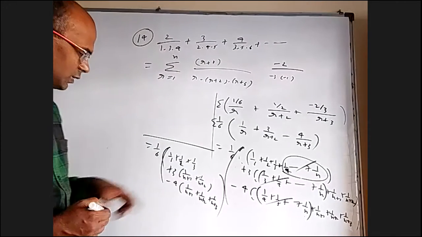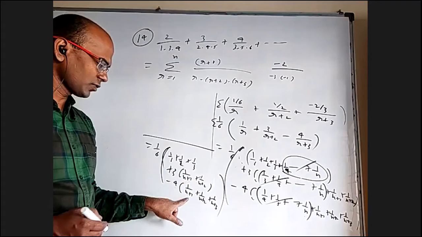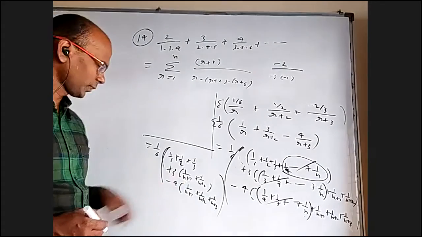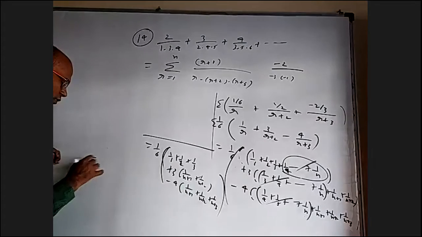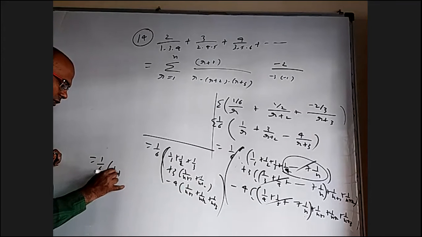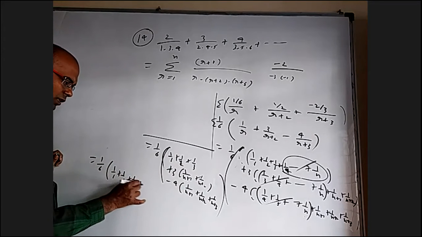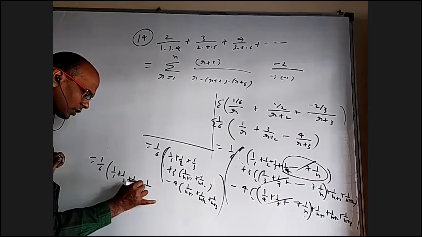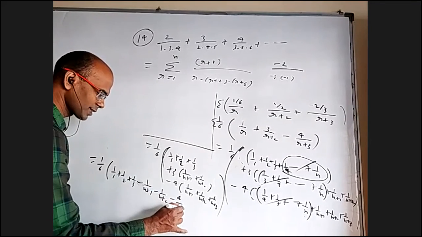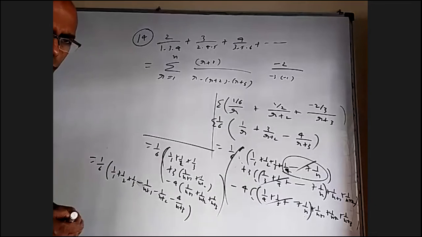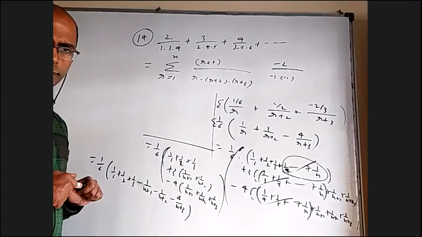Even that, here 3 times 1 by n plus 1 minus 4 times 1 by n plus 1 together will be minus 1 by n plus 1. Similarly, this and this together is minus 1 by n plus 2. So you can even write, if you want, 1 by 6, 1 by 1 plus 1 by 2 plus 1 by 3 minus 1 by n plus 1 minus 1 by n plus 2 minus 4 by n plus 3. This is the answer. You understand that?